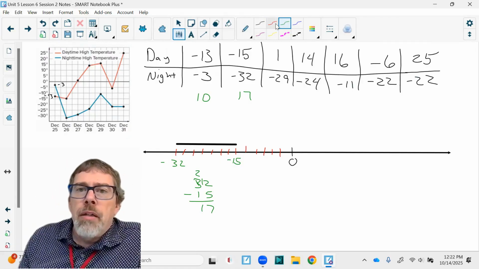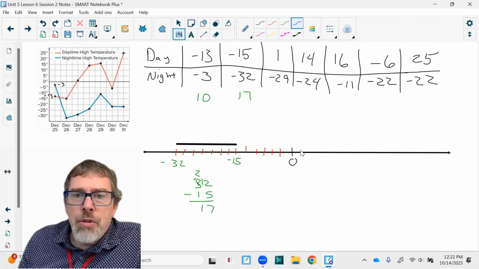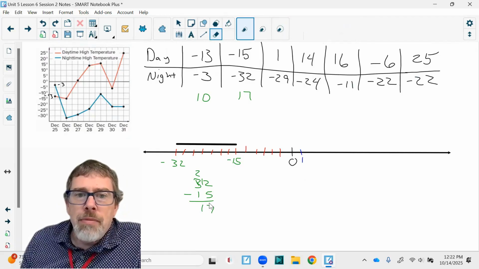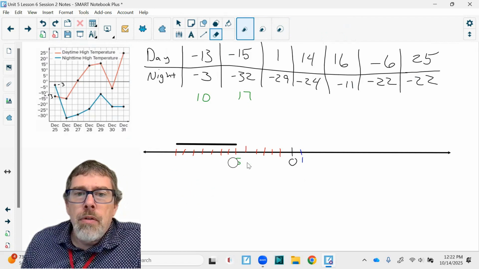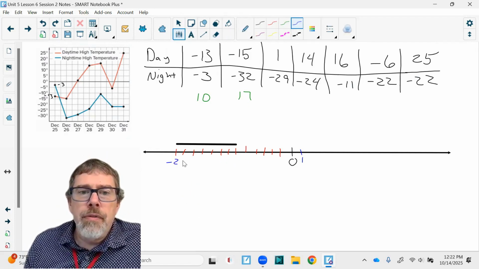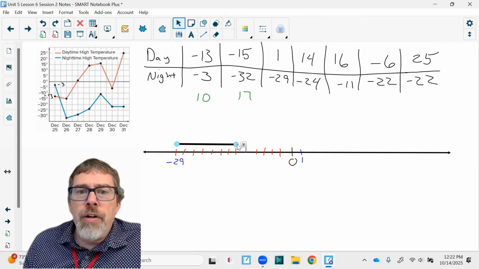Okay. Here's where it might get confusing. We have a plus 1, we have a negative 29. So if 1 is over here, let me erase these. And we have negative 29 right here. What we're really doing is saying, okay, how far is negative 29 from 0?